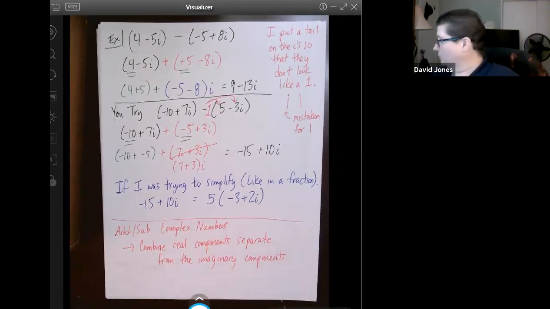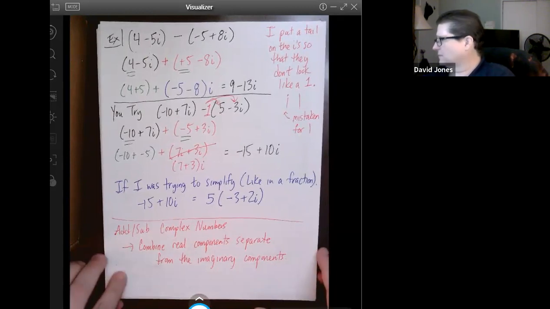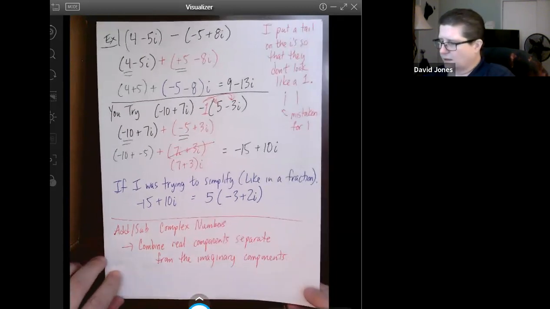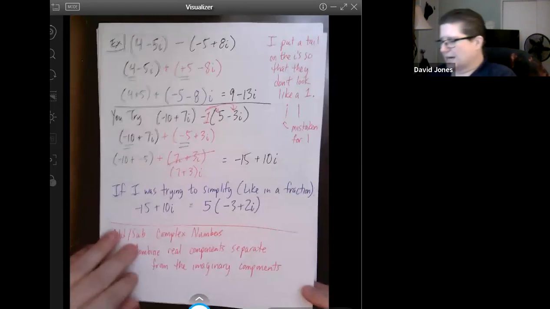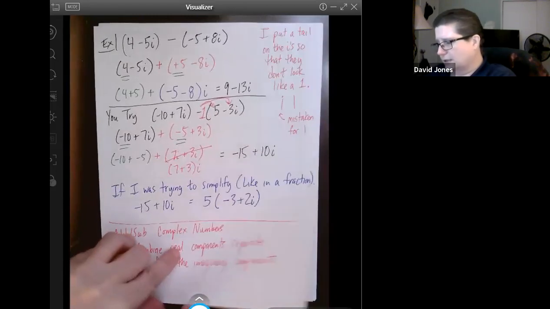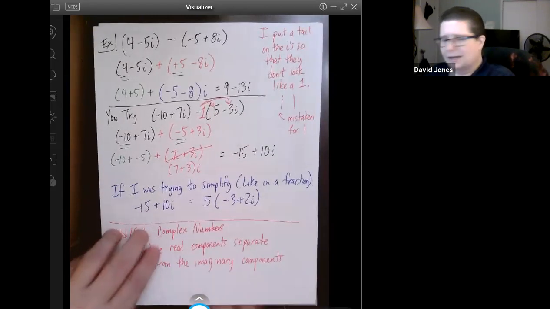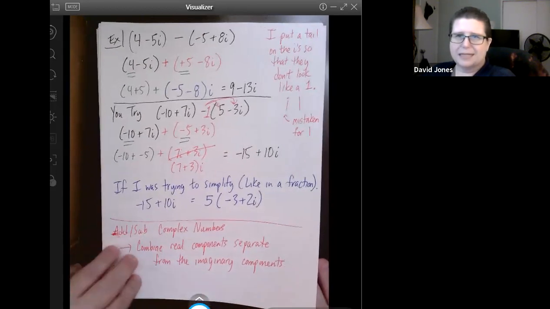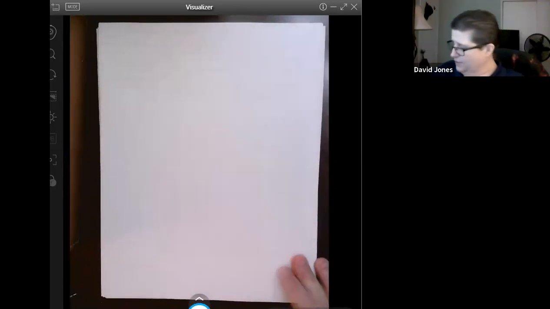All right. That was addition and subtraction, pretty straightforward. It's kind of like what we did when we had variables. If there was an x in there, we can't combine x's with numbers. We've got to treat them separately. So now let's take a look at multiplying complex numbers.